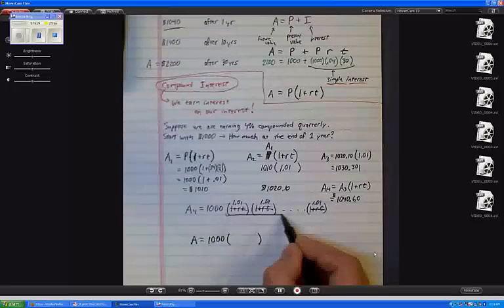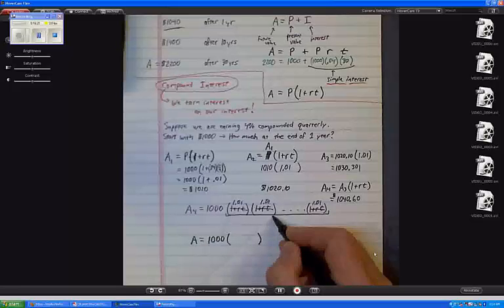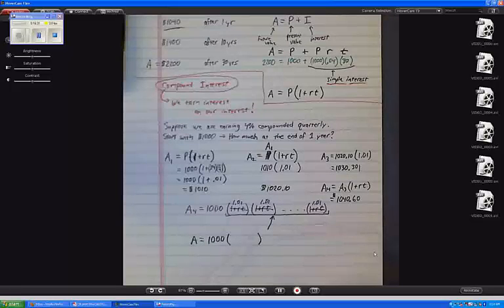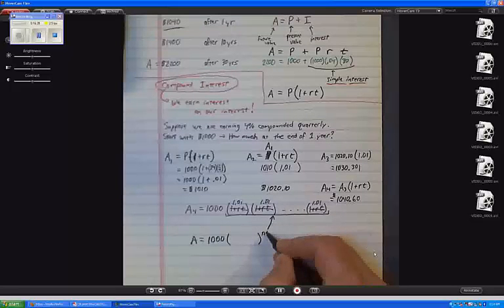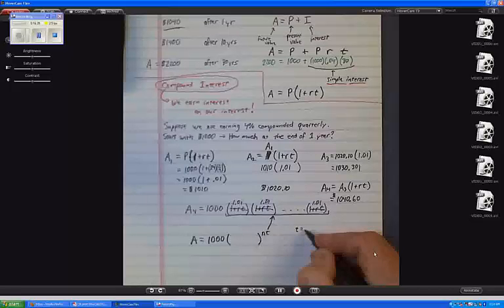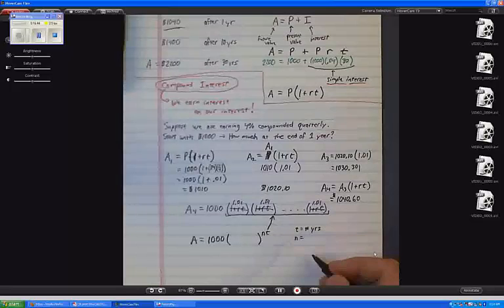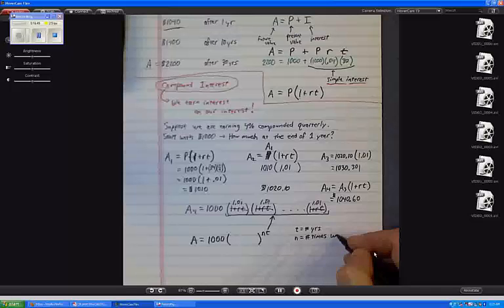And so the question is, what should that exponent be? Well, the exponent, they tell me, is n times t, where t is the number of years. And what's n? How often we compound. So the number of times we compound.